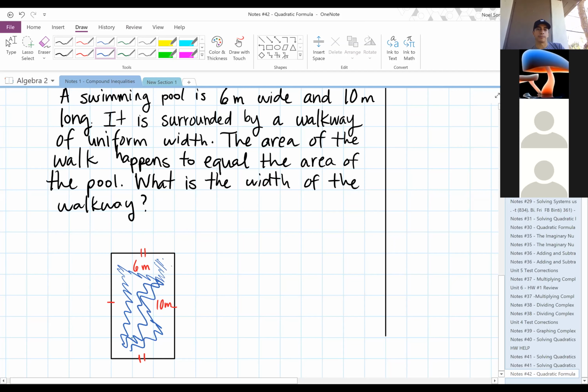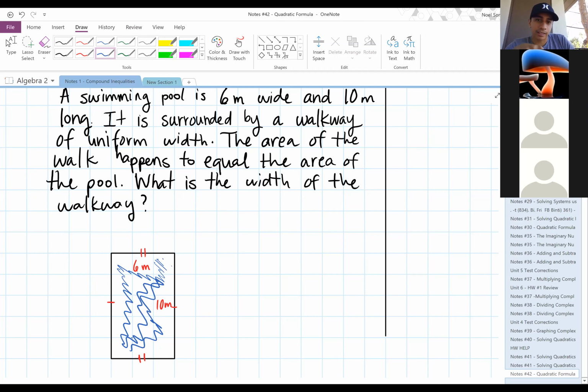Okay, that's our pool. Then it talks about the fact that it's surrounded by a walkway of uniform width, right? If you've ever been to a pool, typically the pools are surrounded by a concrete walkway, right? Typically it's not grass and then pool immediately. They put this walkway around it for safety reasons or whatever, right?